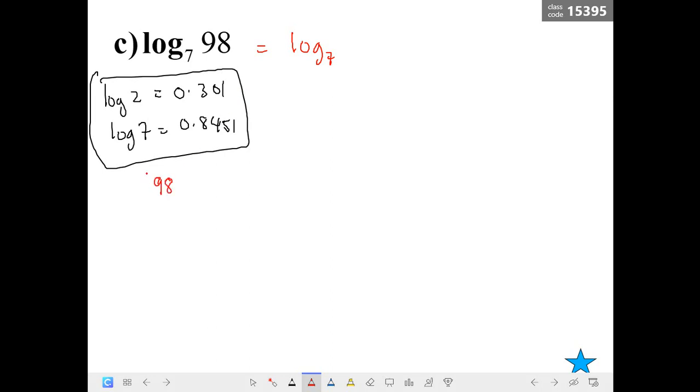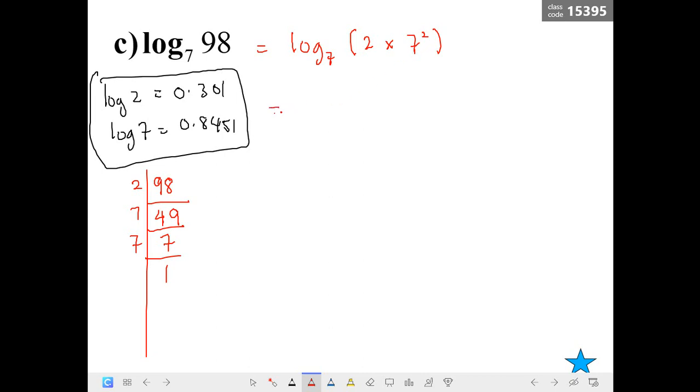You can use a calculator or maybe you can do it like this. Between 2 and 7, divide by 2: 49. Divide by 7: 7. Divide by 7: 1. Means 98 is equal to 2 times 7 squared, or 49.